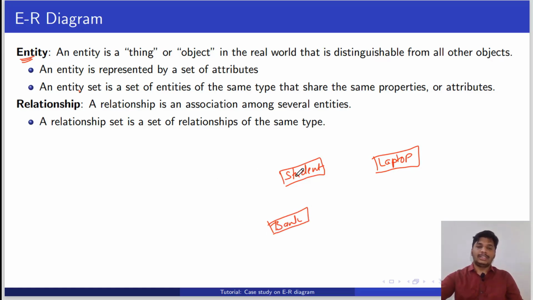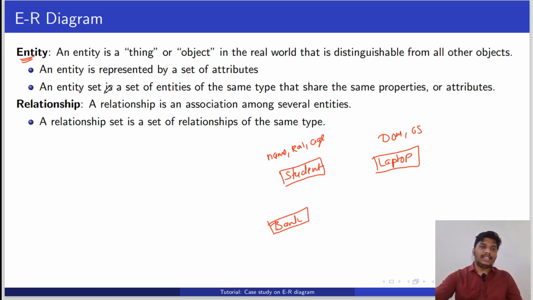Now an entity has several attributes, like the student entity having attributes like name, roll number, age, and so on. Laptop may have different attributes like date of manufacturing, operating system, and so on. So an entity is represented by a set of attributes.